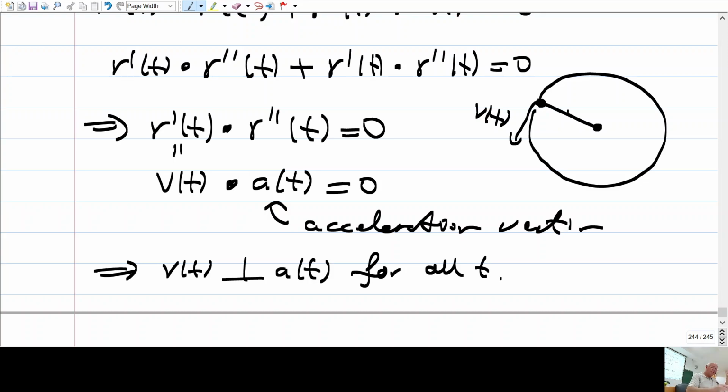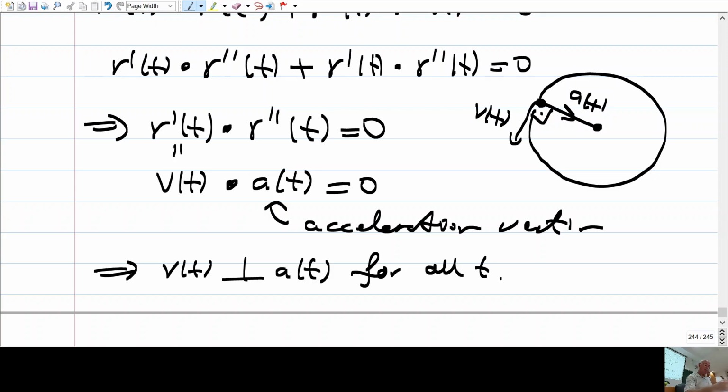Force is applied via, you know, this rope. So its direction is the line segment joining this point to the center. So this is the acceleration vector. And of course, this is always perpendicular to the tangent.